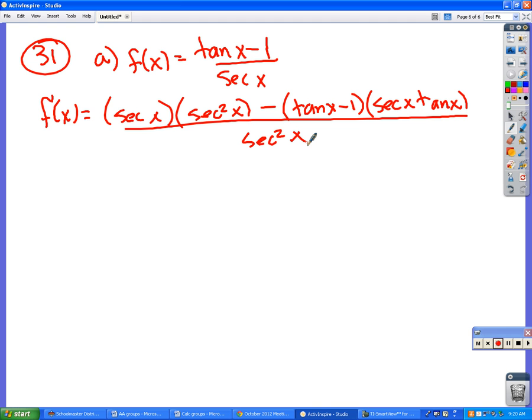Secant squared of x is squared. No, just secant, that's like the square. Okay, so let's simplify. What's secant times secant squared? It's secant cubed.